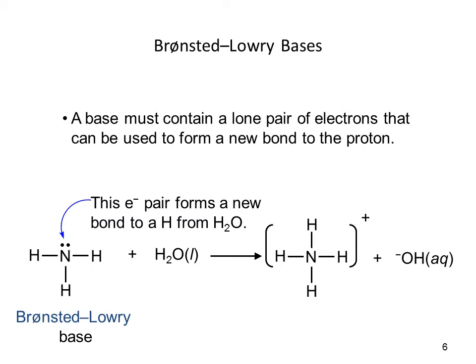That lone pair of electrons can reach out and grab a proton from water, you see in the reaction water's written right there, and pull that proton off. When it pulls the proton off, the proton is then attached to the lone pair. In other words, it makes a bond with the nitrogen at the lone pair site.